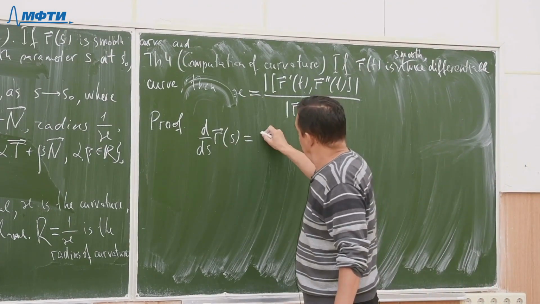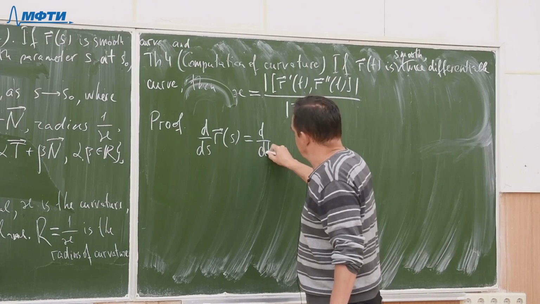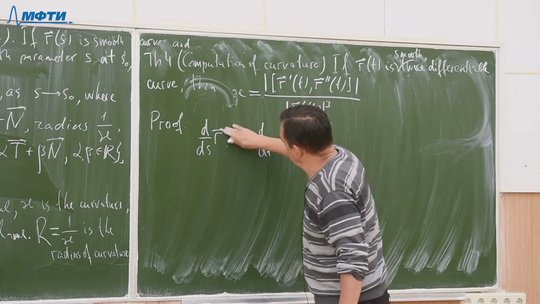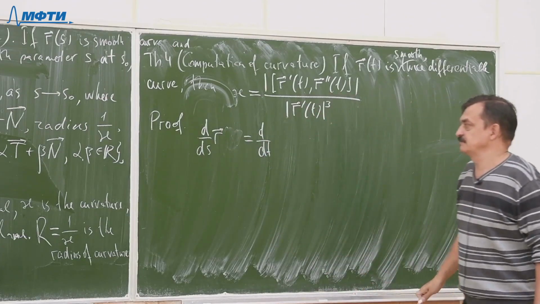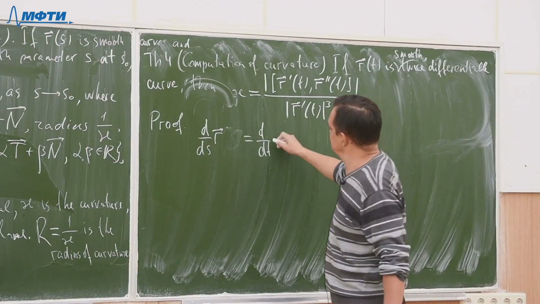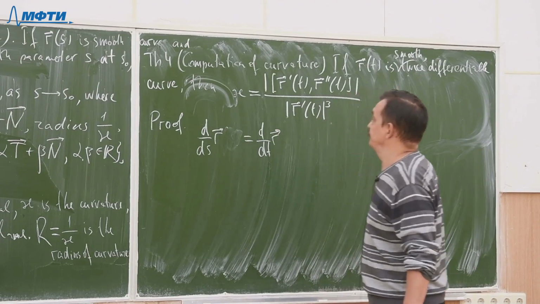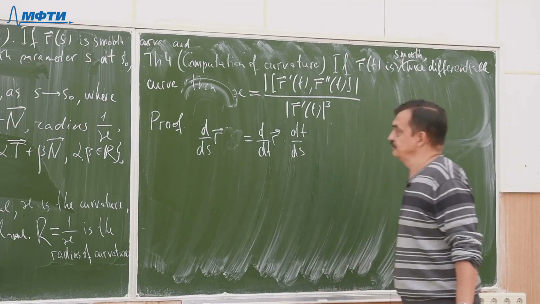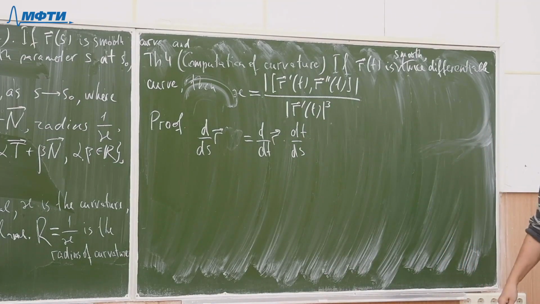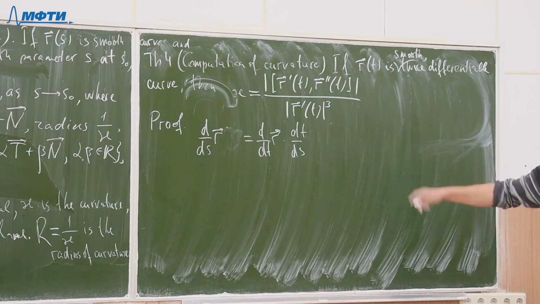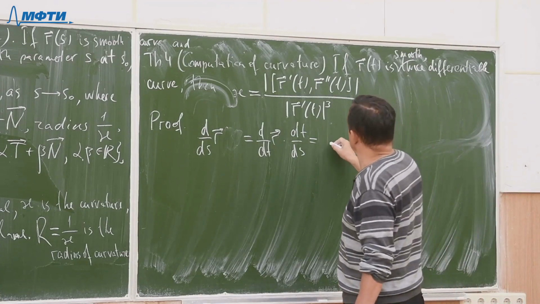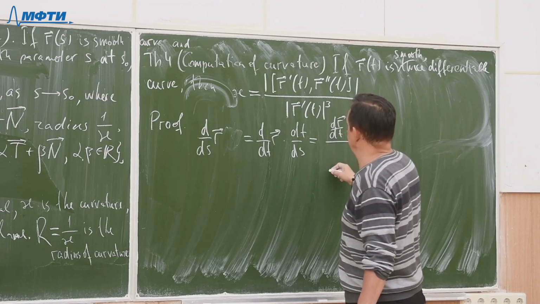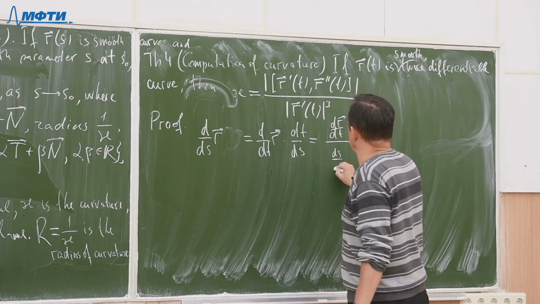So the derivative with respect to s is d over dt of r times dt over ds. That is the chain rule, right? And then I can write it as dr over dt over ds over dt.